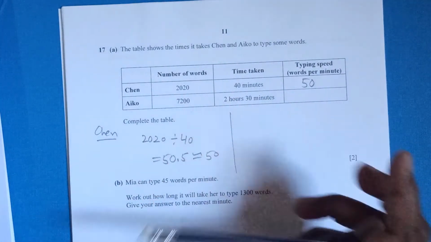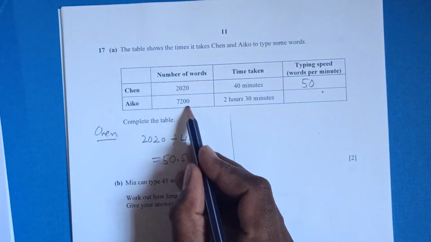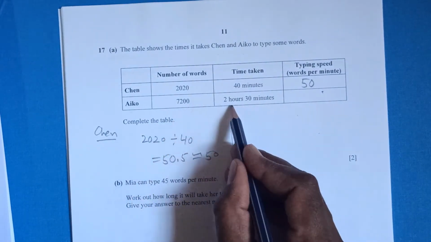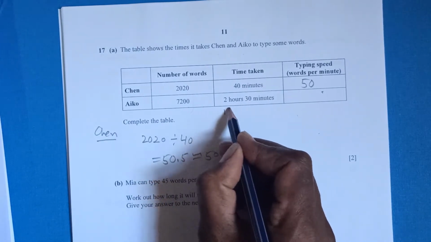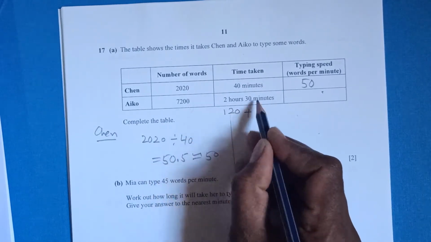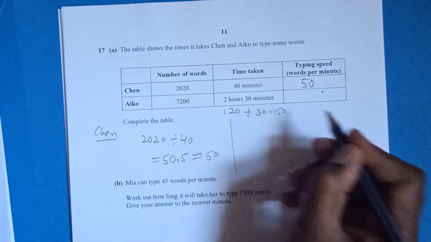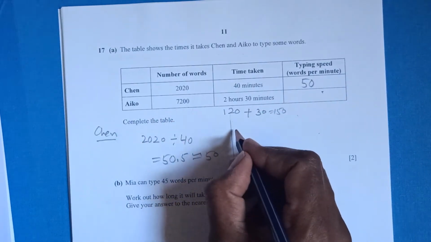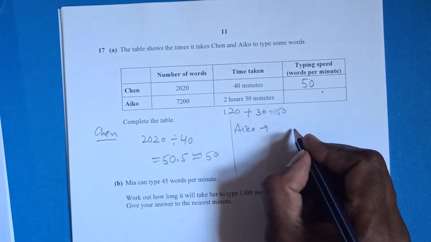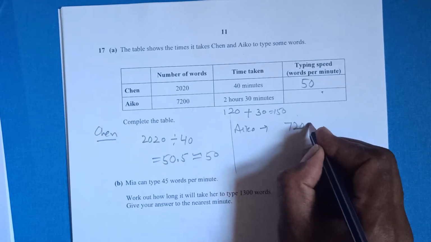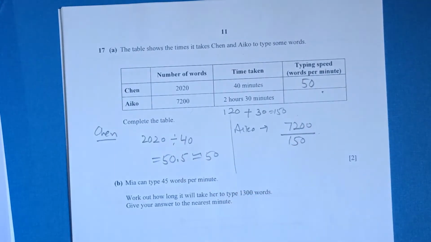Then the second one, 2 hours, 7,200 words in 2 hours and 30 minutes. 2 hours is 120, 60 plus 60 plus this 30. So in total it is 150. So that means Aiko actually types 7,200 words in 150 minutes.